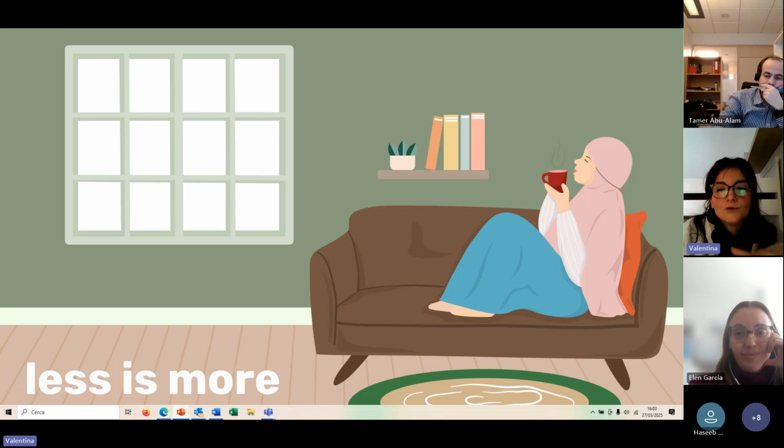So we can use something which is not very full of details, because that lets people adapt the concept to their own experience. So less is more. When you use images and visuals, try to be essential and not overuse or use a lot of details.